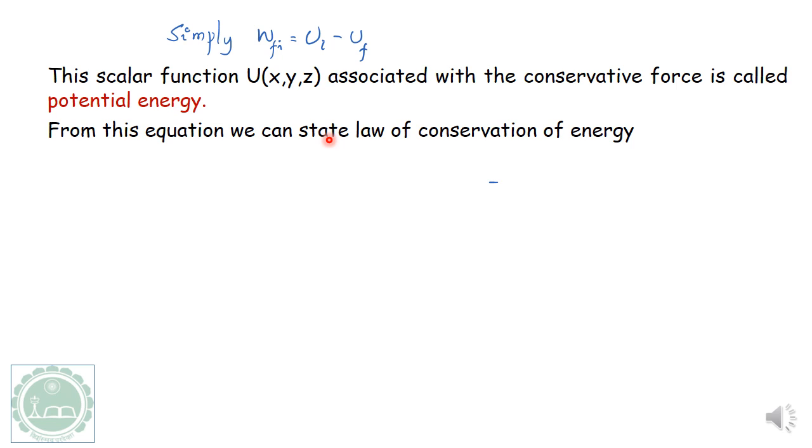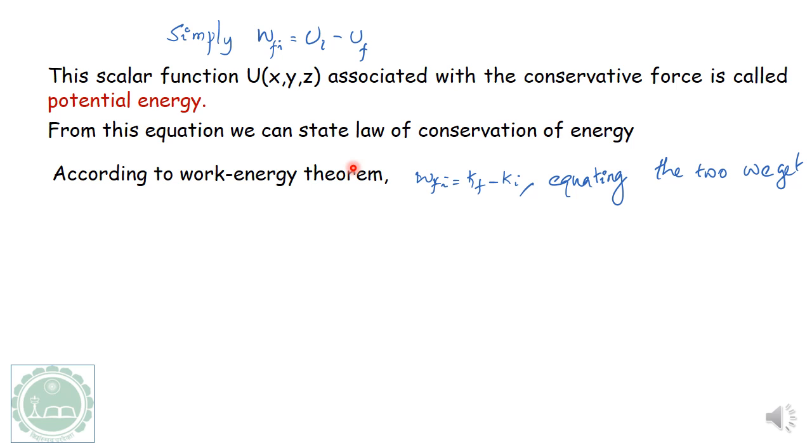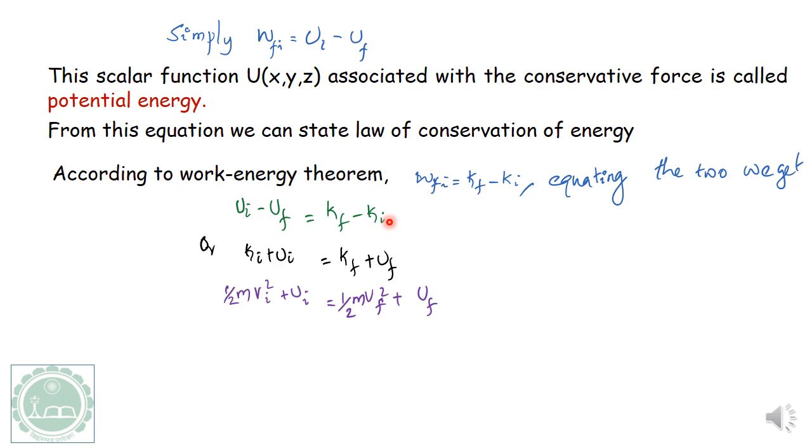From this equation we can state another important law, that is the conservation of energy. Already we have the work-energy theorem, which states that W_fi is equal to Kf minus Ki. Here we got W_fi is equal to ui minus uf. Then we can equate both the equations: ui minus uf is equal to Kf minus Ki, or Ki plus ui is equal to Kf plus uf.